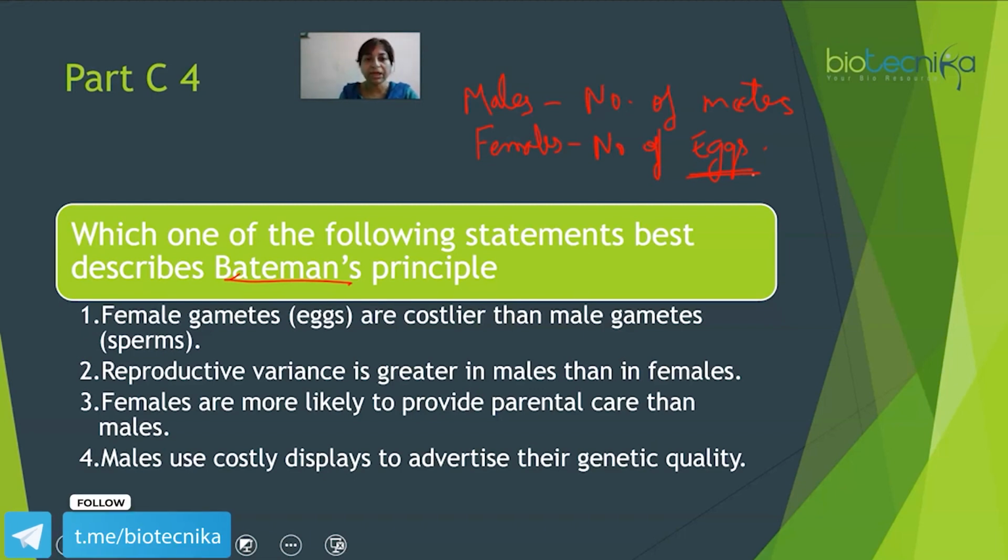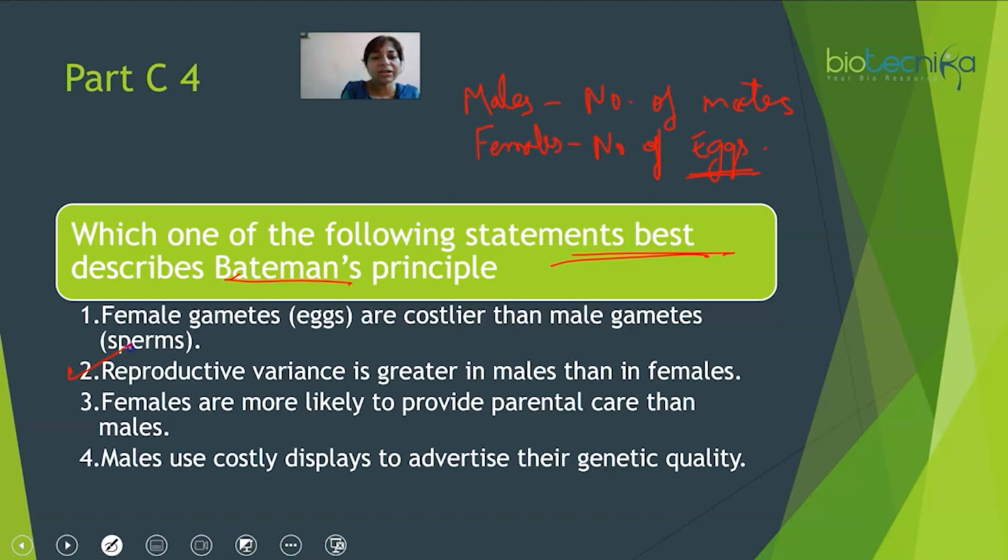higher. As you see the statements here, the first says that female gametes are costlier than male gametes. This is also partly true for Bateman's principle, but the statement that describes it best will be statement 2, which says that reproductive variance is greater in males than in females, because in males their reproductive success is decided by the number of females they inseminate.